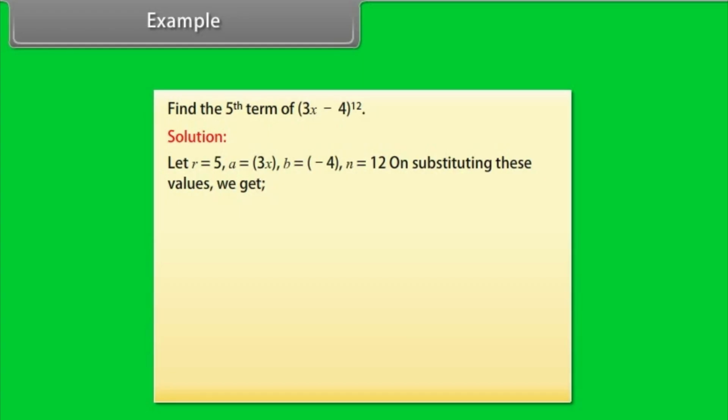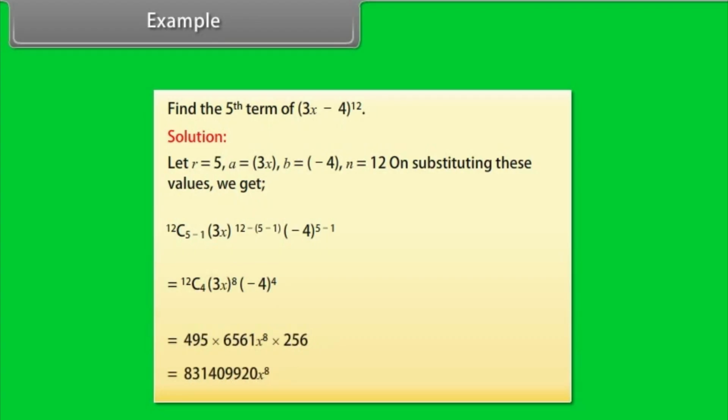On substituting these values, we get 12C(5 minus 1) into (3x) raised to the power 12 minus (5 minus 1) into (minus 4) raised to the power 5 minus 1, which is 31409920 into x raised to power 8.